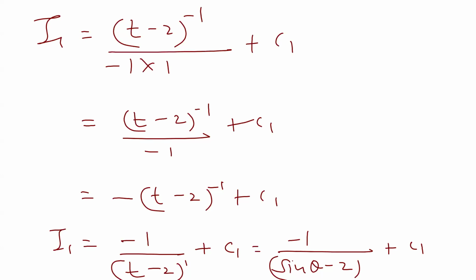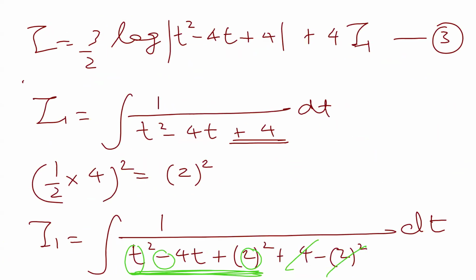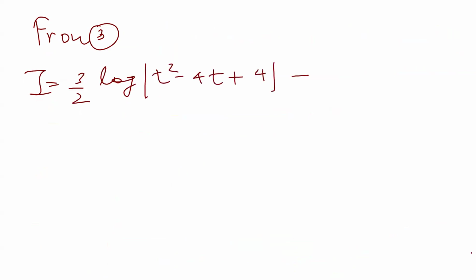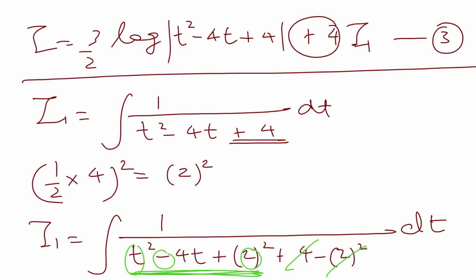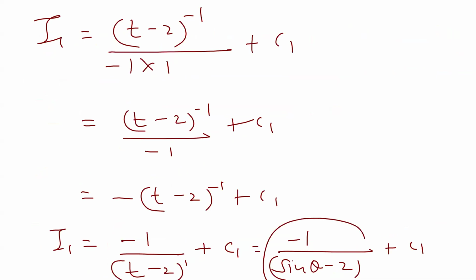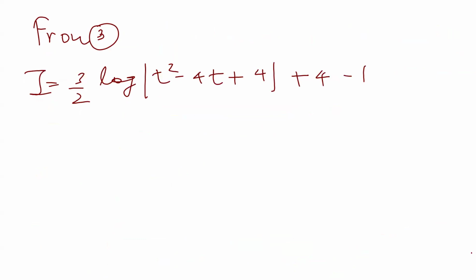Now put the value of I1 in equation number 3. So from 3, I is equal to 3 by 2 log mod t square minus 4t plus 4, plus 4 I1, and the answer for I1 is minus 1 upon sine theta minus 2, plus c.